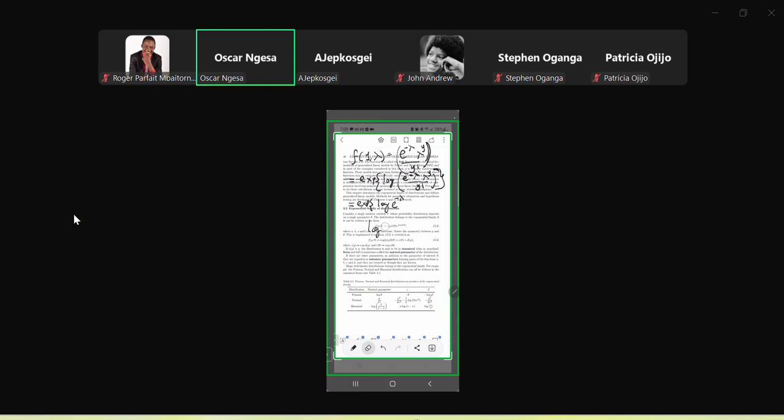So it will be log of e raised to negative lambda, then plus log of lambda raised to y, then minus log of y factorial.